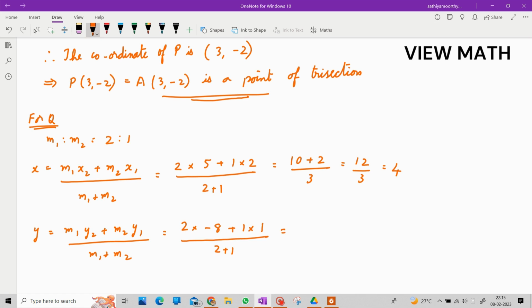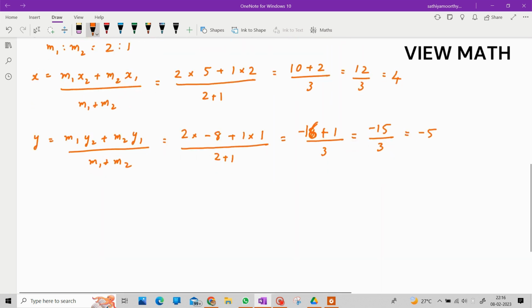This is equal to (2 into minus 8 is minus 16, plus 1 is minus 15) divided by 3. This is equal to minus 5.